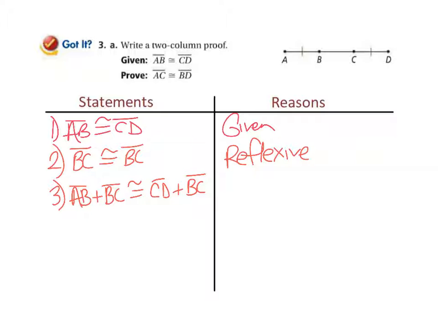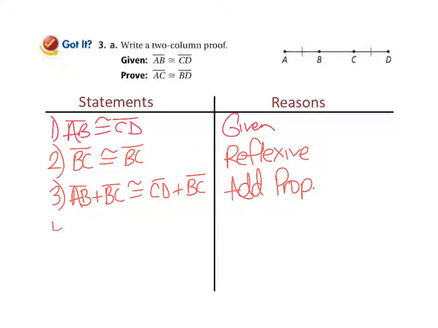So I added the BC to both sides. When you add the same thing to both sides, that's called the addition property.